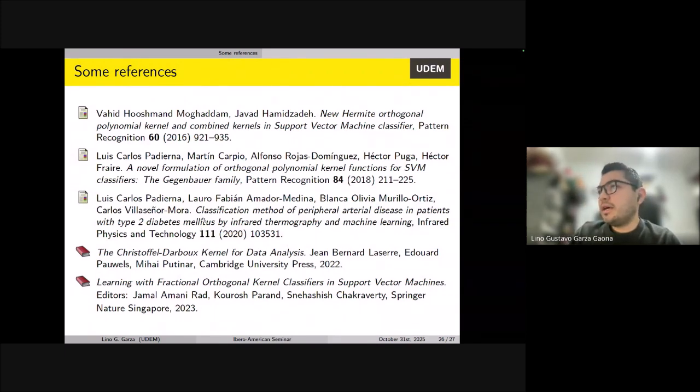He also has a paper where they use this approach to analyze images of feet to determine if a patient has diabetes. And this is the reference of the book I showed you. And this is another important book about kernels constructed via orthogonal polynomials.